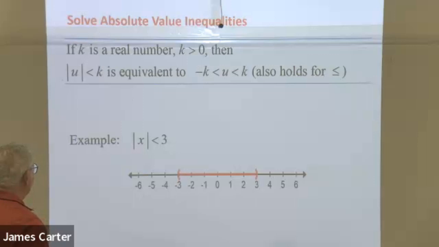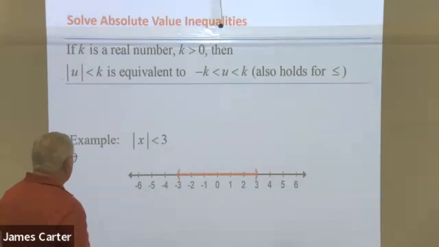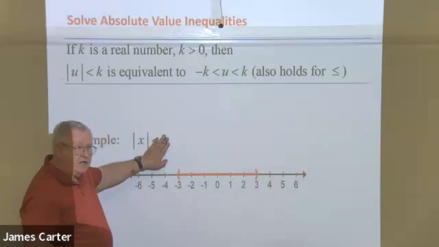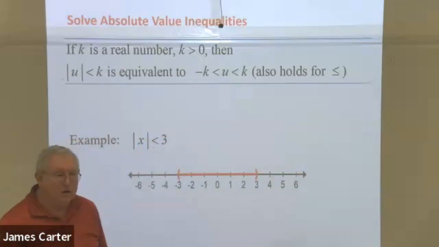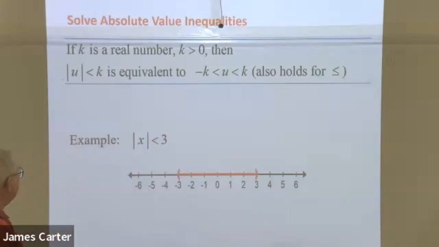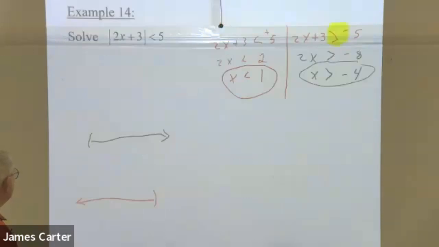Absolute value inequalities. Now, when this is an equal, you can't have a negative value. When that is a negative in inequalities, sometimes you can have a negative out there. Now, what about this one? How does this work? Let's back that up.